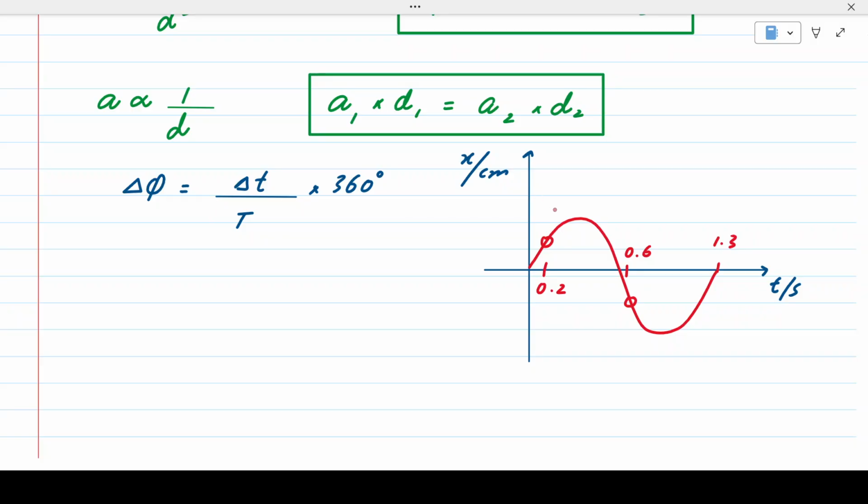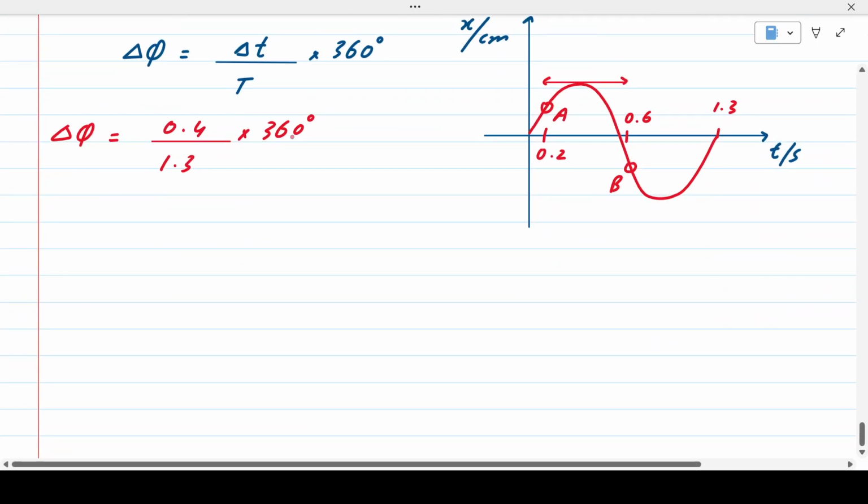So what is delta t? Delta t is the difference between the 2 points for which you need to find the phase, between A and B. So 0.4. What is the time period? 1.3 multiplied by 360. This is how you find phase difference between 2 points.